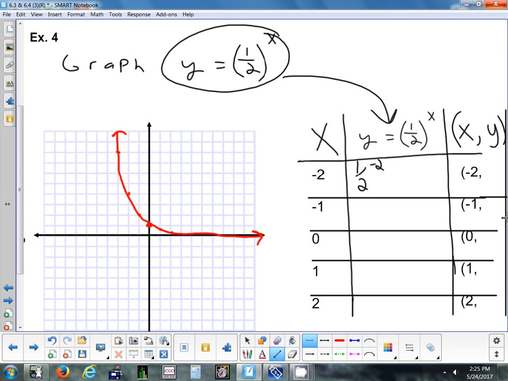Now remember, because it's like this, that -2 is going to both things. It's going to the top and the bottom. So it's going to be 1 to the -2 over 2 to the -2. Then I'm going to flip it, right? What's going to go on the top, Aiden?